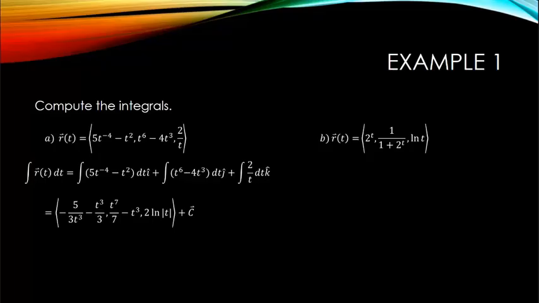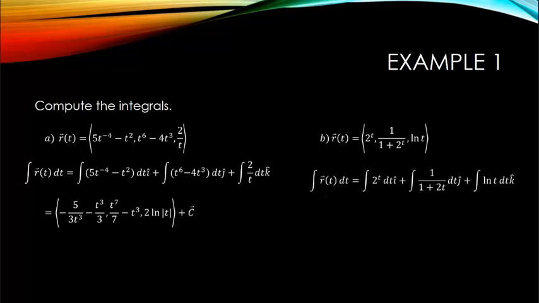This gives me another vector-valued function that is specified by the components negative 5 over 3t cubed minus t cubed over 3, t to the 7th over 7 minus t cubed, and 2 times the natural log of the absolute value of t, plus the vector c, which is an arbitrary constant vector.